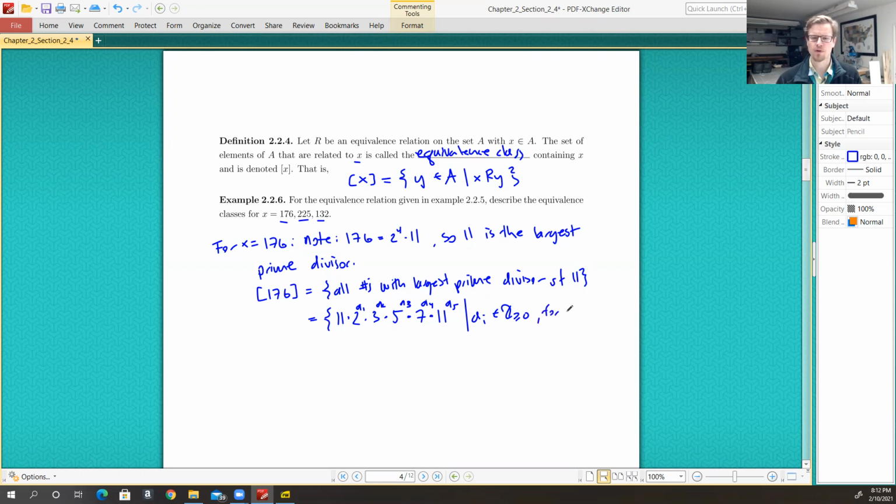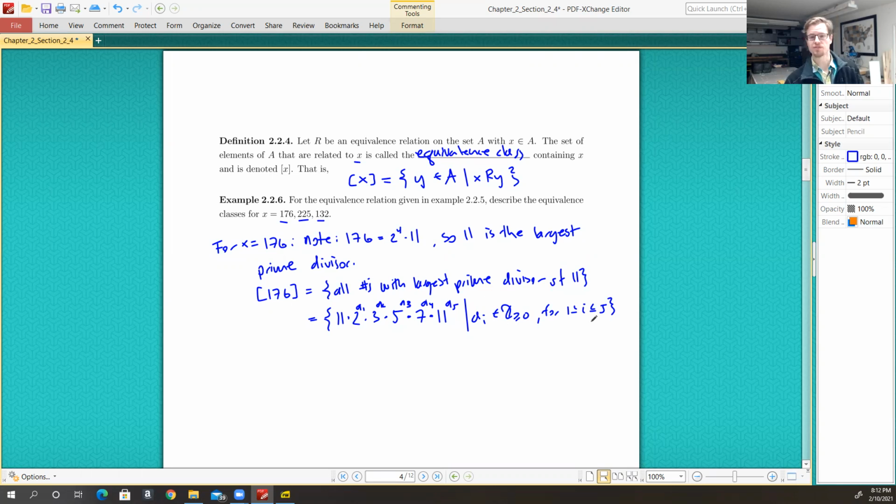And this is for i being between 1 and 5. So a1 is an integer greater than or equal to 0. a2 is an integer greater than or equal to 0. In particular, they're non-negative. a1 is non-negative, a2 is non-negative, a3, a4, a5 are non-negative integers.